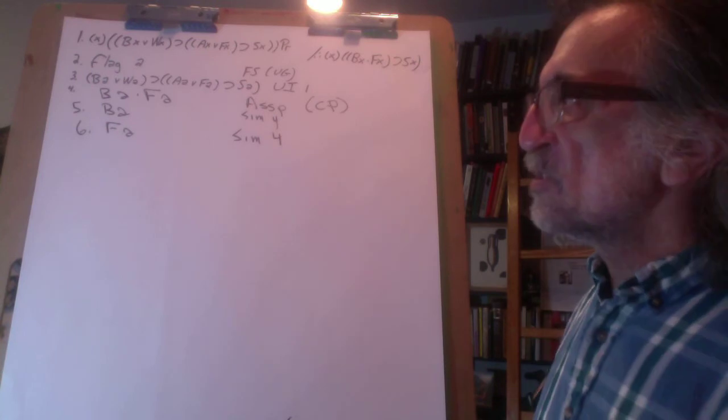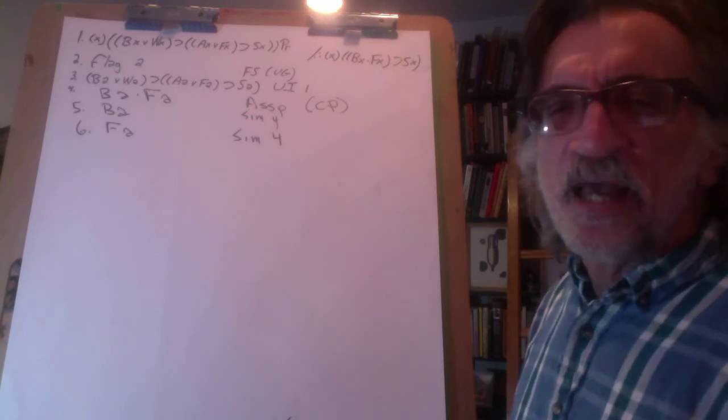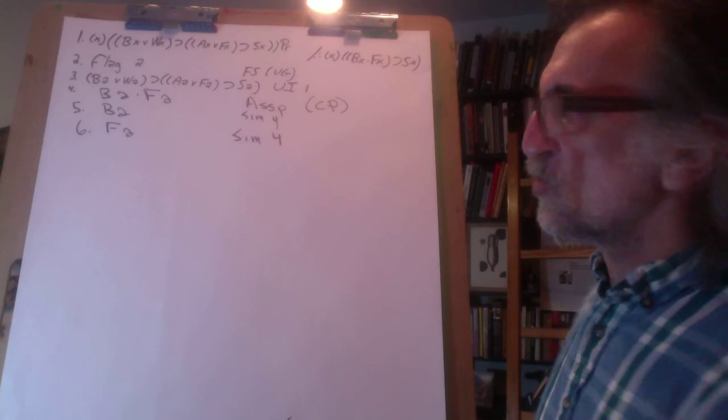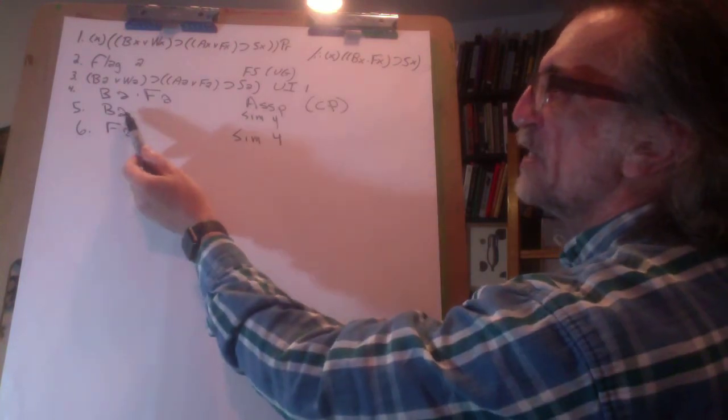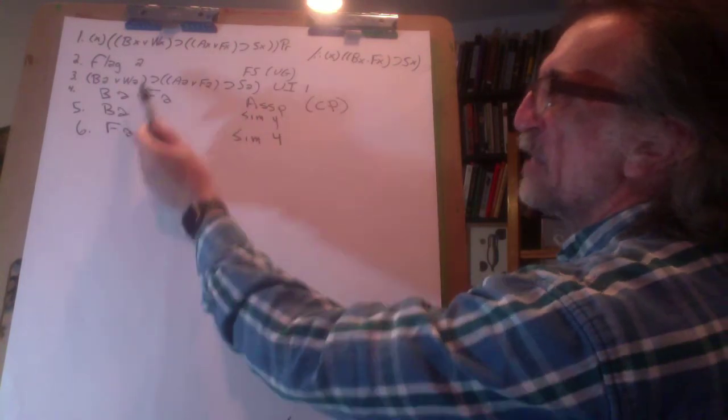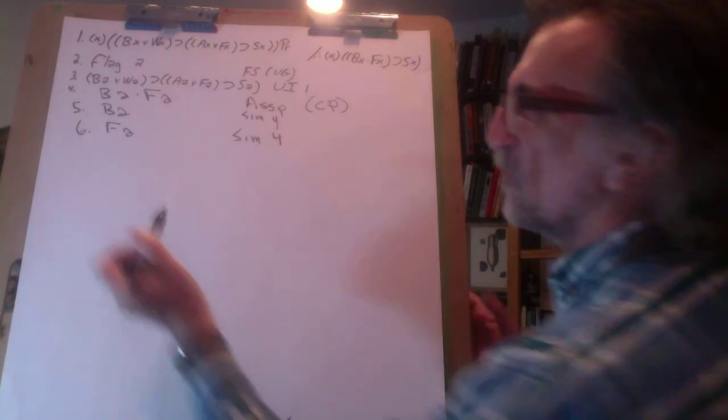Now in this case, we're going to need both the BA and the FA, so we're simplifying twice. From this conjunction, we get BA, simplified 4, and we get FA, again simplifying 4.